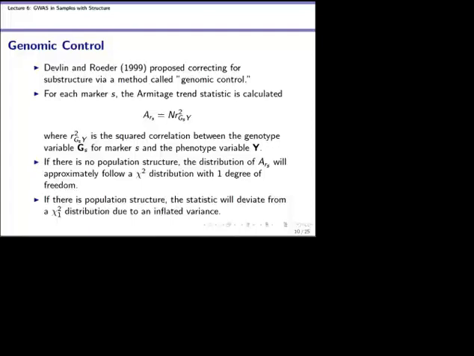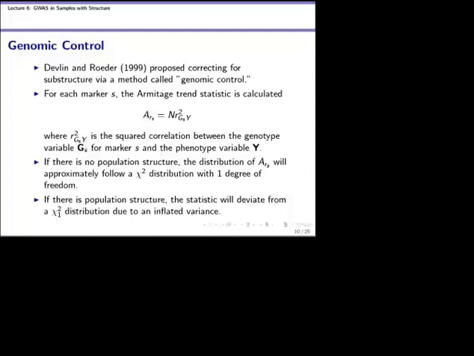If there is no population structure, then the vast majority of these SNPs are not going to be associated, so we're under the null. This should follow a chi-square distribution with 1 degree of freedom.